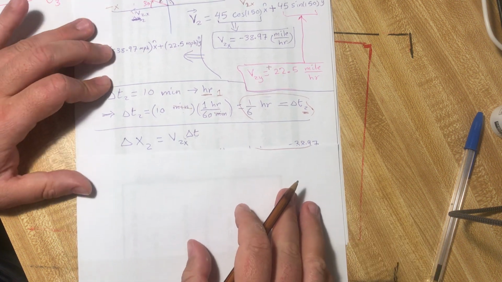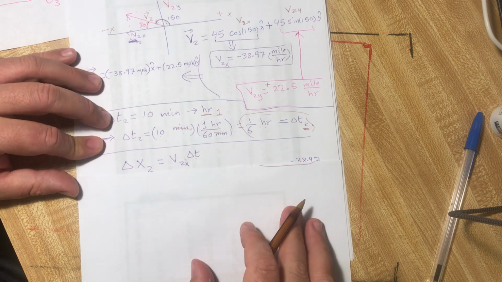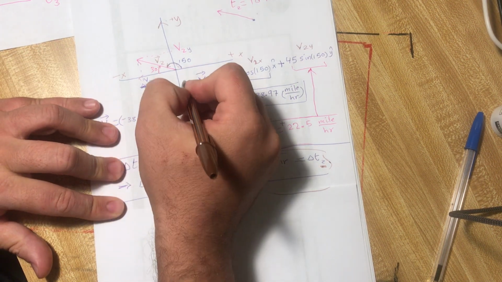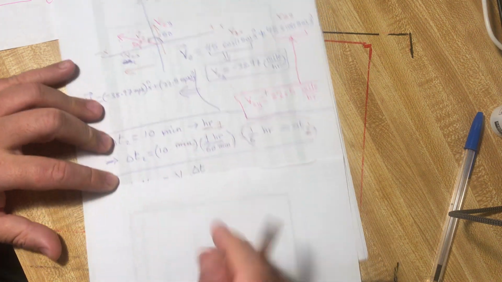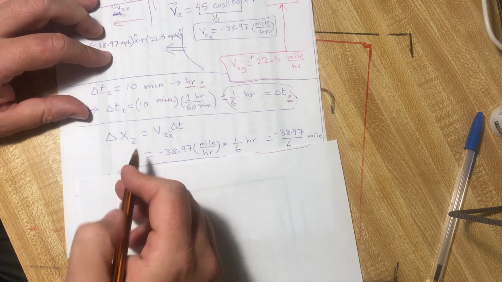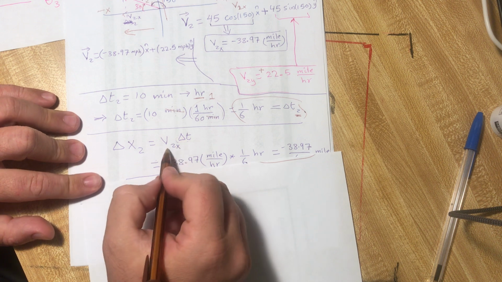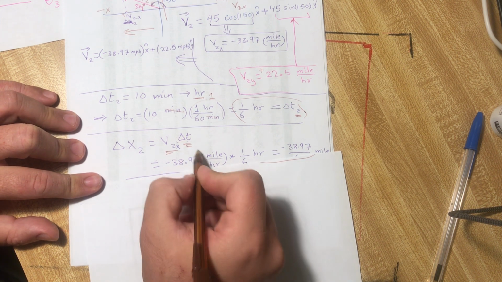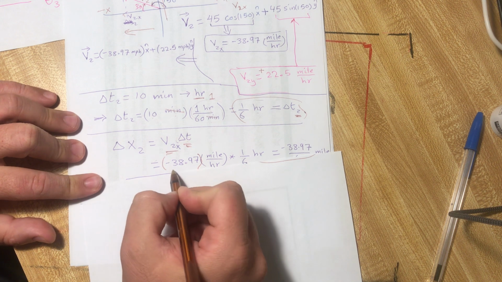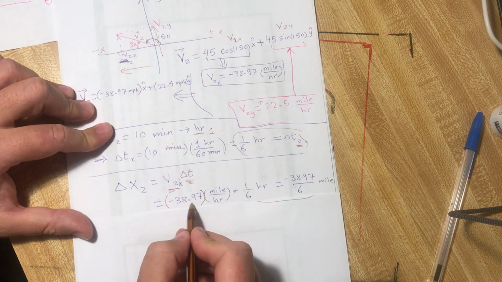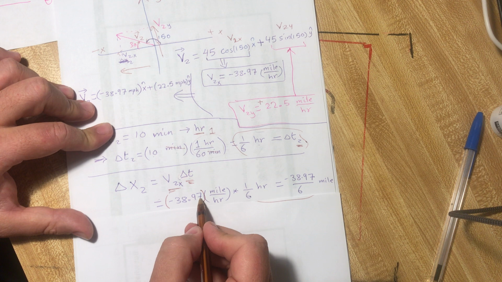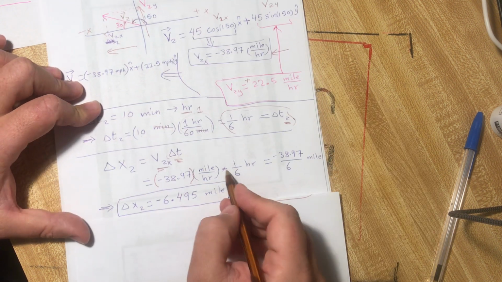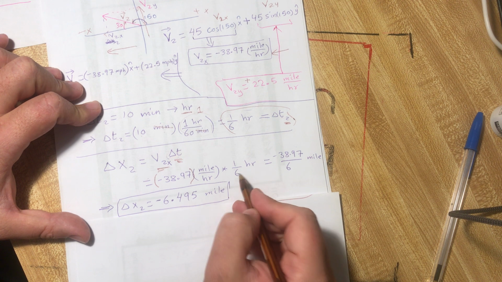Okay, now I need to compute the x displacement and the y displacement for this stage. Delta x is equal to the velocity in the x direction multiplied by the time period. The velocity in the x direction is negative 38.97, which we computed here, miles per hour multiplied by the time.